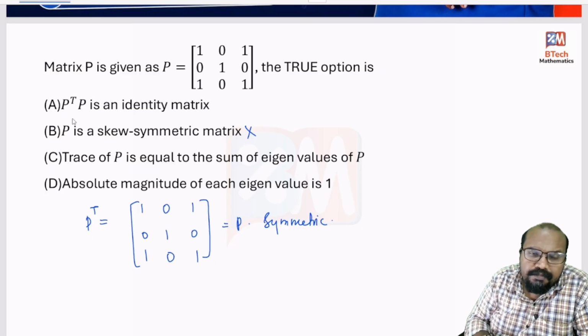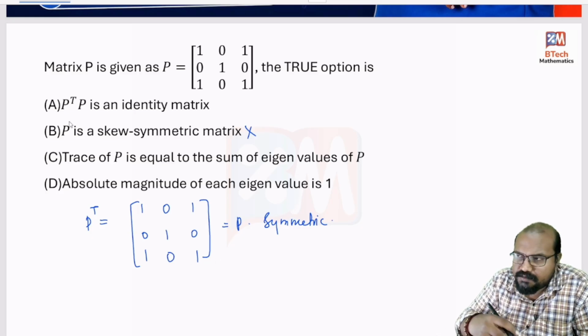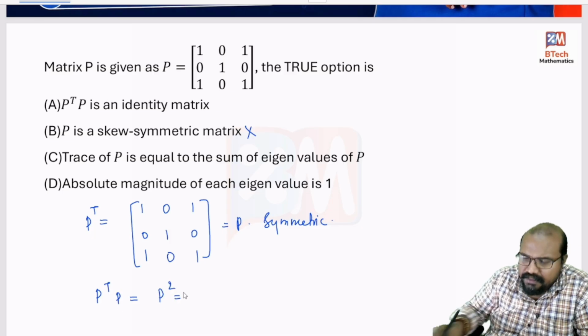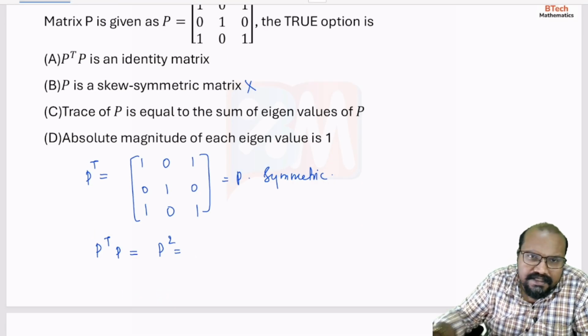And if P is symmetric, what is P transpose into P? It's simply P square. We'll calculate P square. Is it an identity matrix?